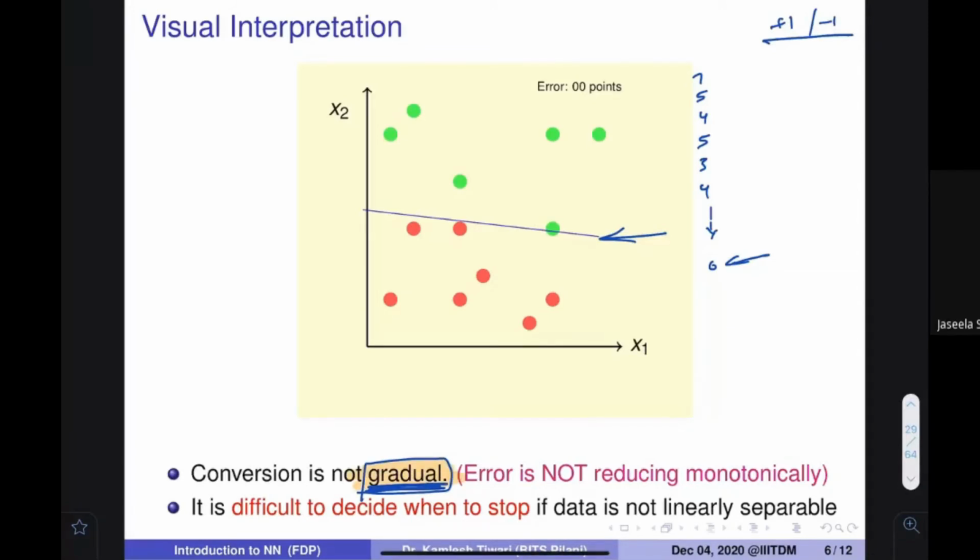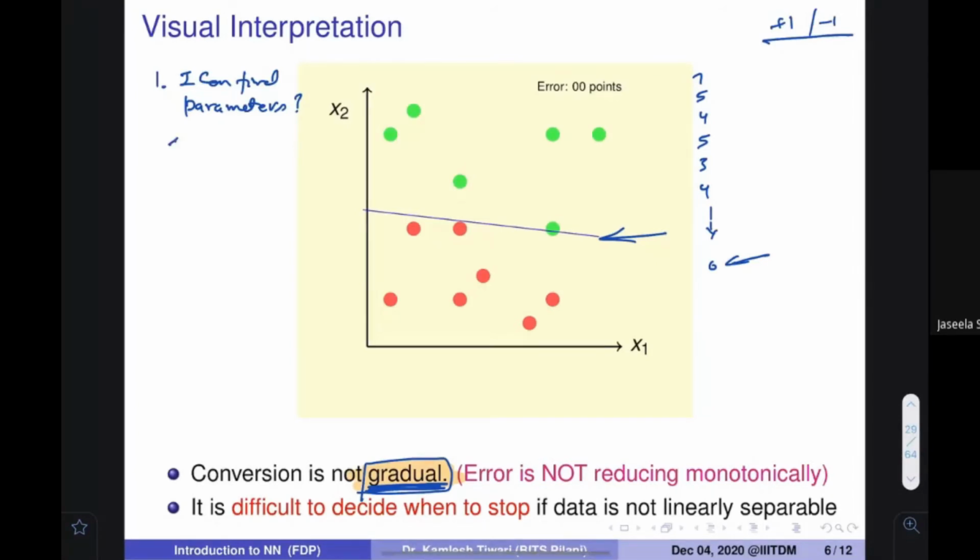Everybody understand this? So number one, everybody appreciate that I can find the parameters. Everybody is okay with this? Can you write yes? You can find the parameters using the algorithm that we have seen.